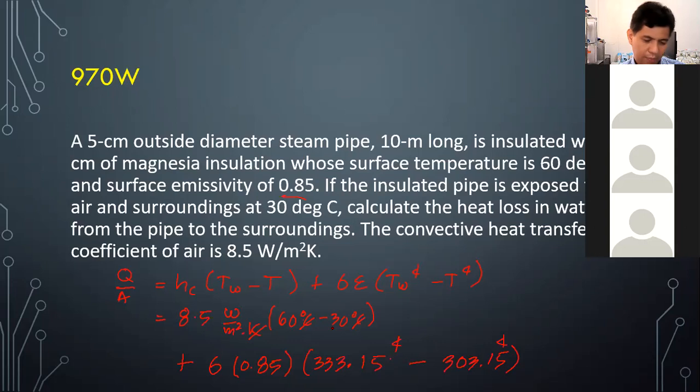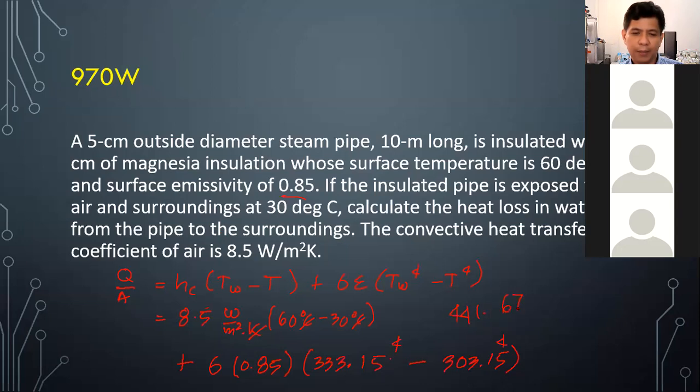Ay, sorry. Space nyo muna, ano, or forward nyo muna bago kayo mag-minus. Yung 303.15. Tapos raised to the 4. Space ulit bago maglagay ng bracket, or, you call that, parentheses, ano? Tapos equal. So, from this, I'm getting 441.67.